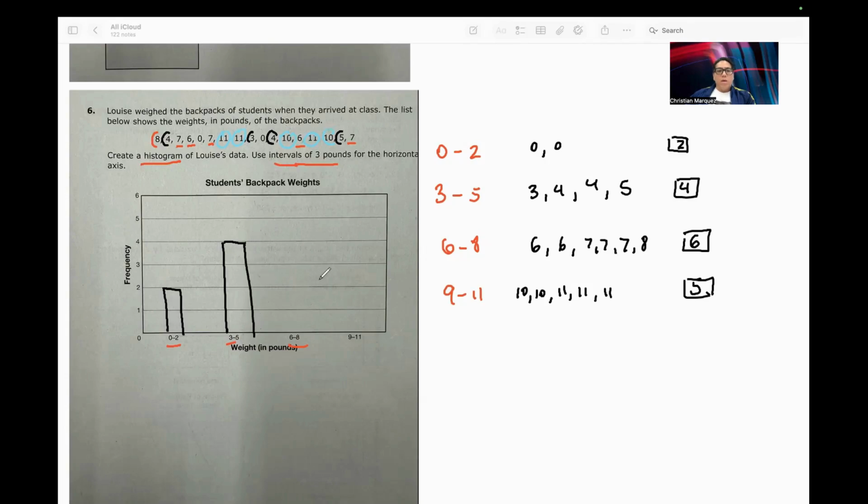And then for 6 to 8, I have up to the number 6. 6 is this one right here. All right, so I have all this. And for 9 to 11, it is the number 5, so it's going to be this one and this one right here.